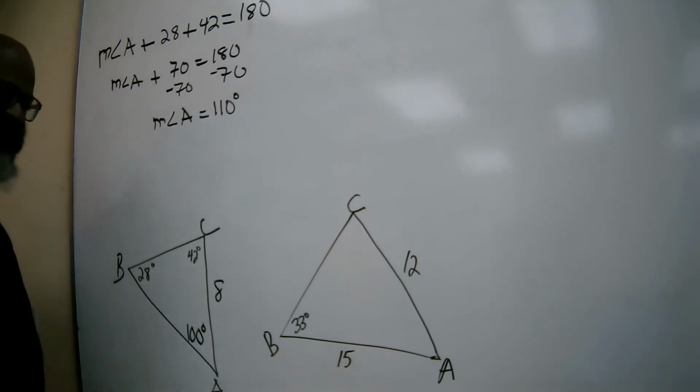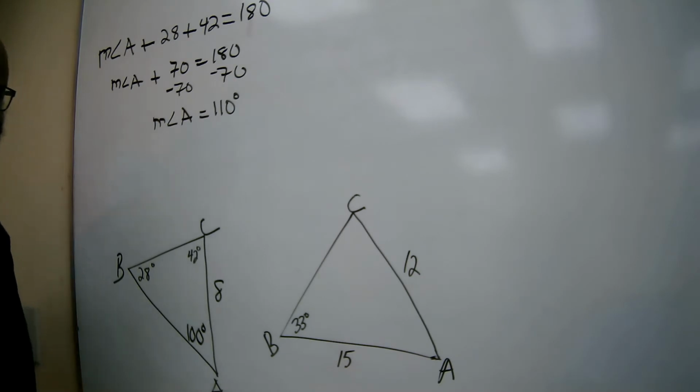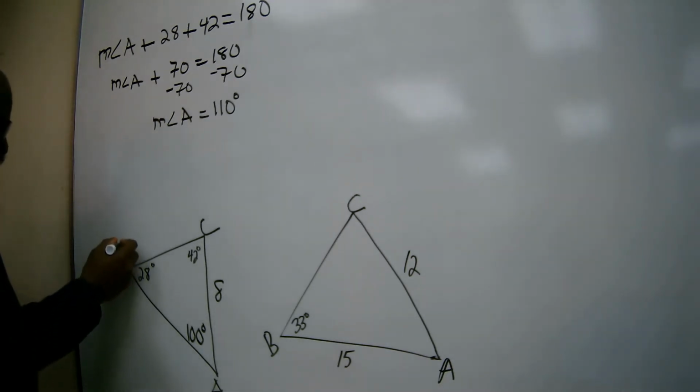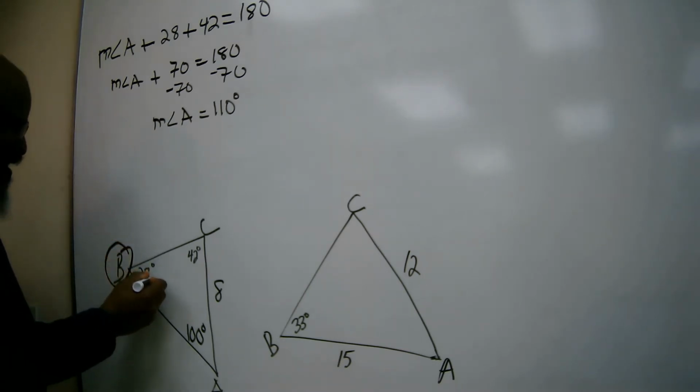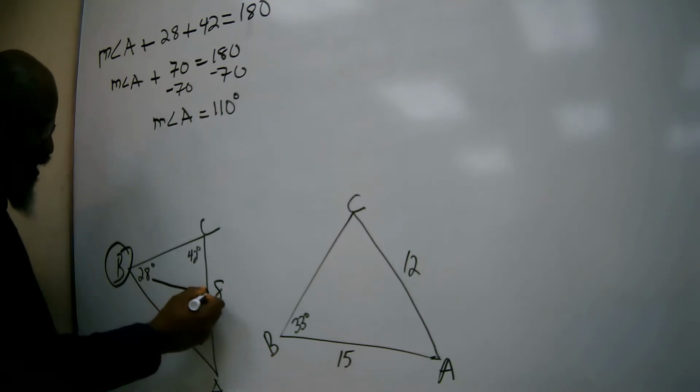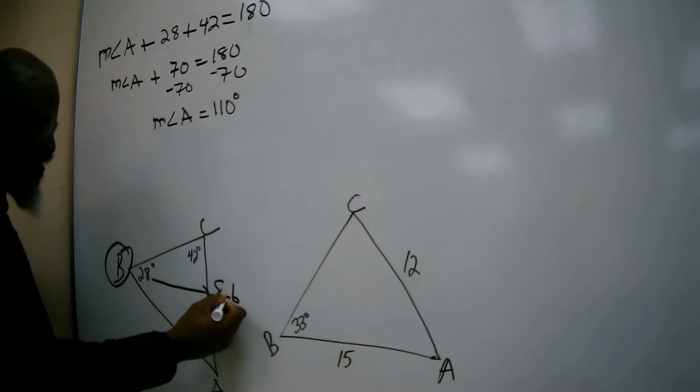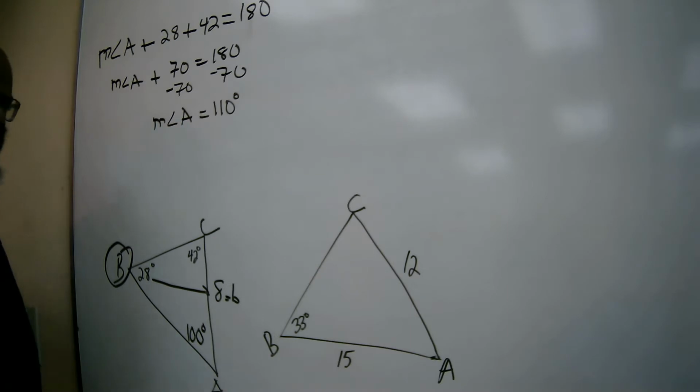Now we have the three angles. It is very essential that you have angle B and the side that is opposite to it. Little b is 8. This will become your scale factor.